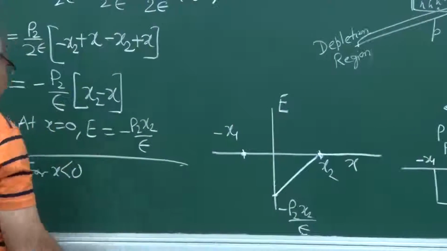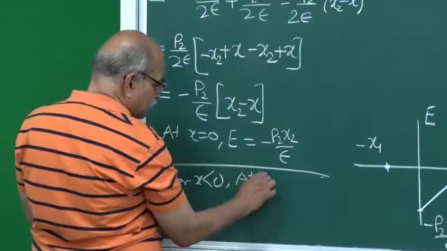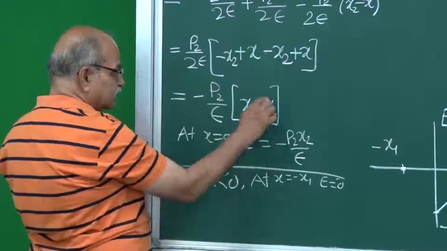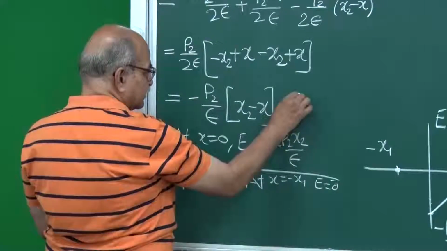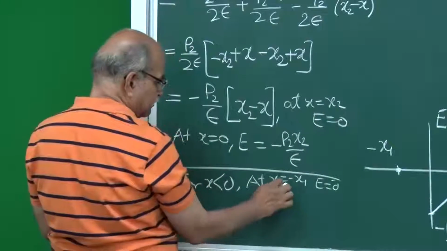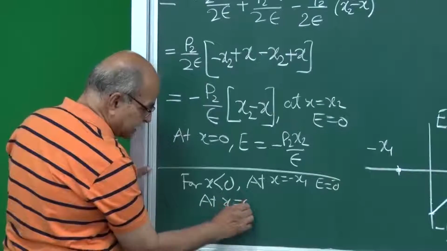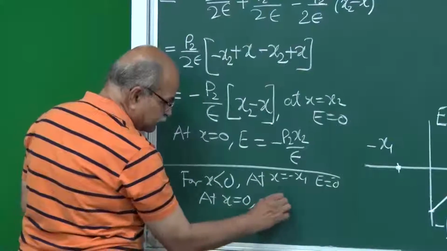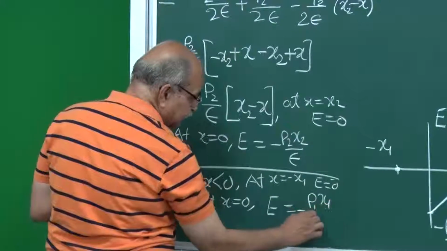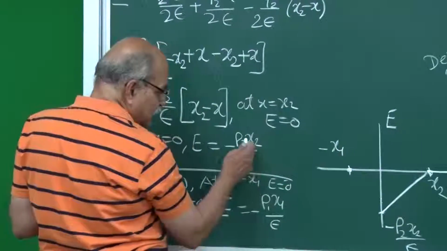And on the other side, for x less than 0, what you will expect is that at x equal to minus x1, the electric field will be 0, and the same expression here at x equal to x2, the electric field is 0. So at x equal to minus x1 it will be 0, and then at x equal to 0, from the same expression, your electric field should be minus, it was rho 2 x2 here, so it will be rho 1 x1 here divided by epsilon, but it's same as this because rho 1 x1 is equal to rho 2 x2.